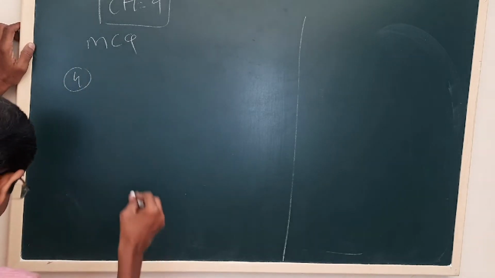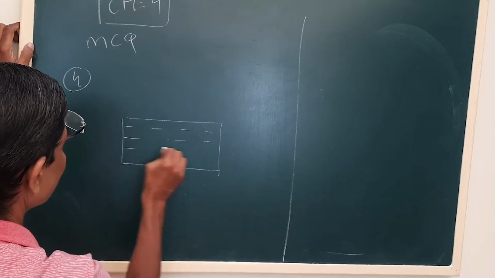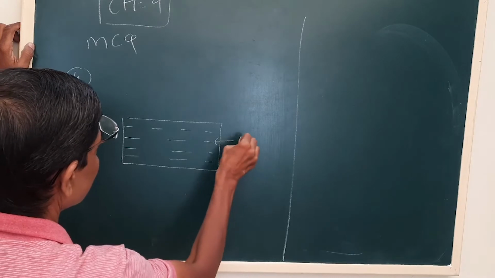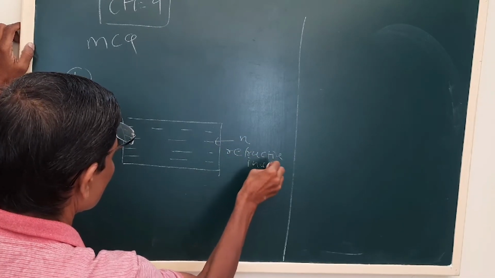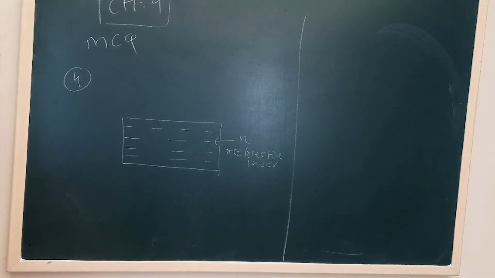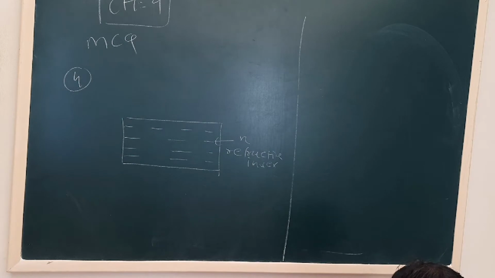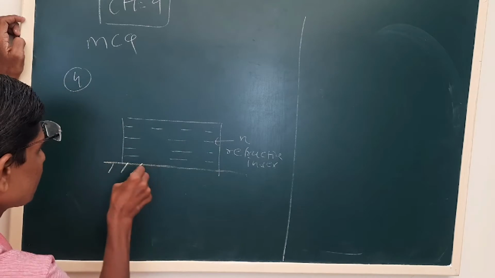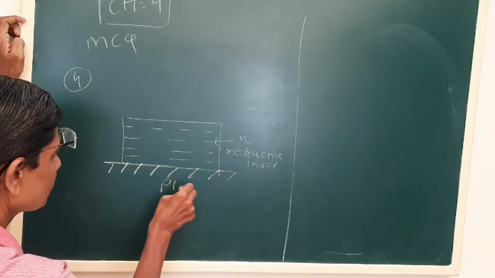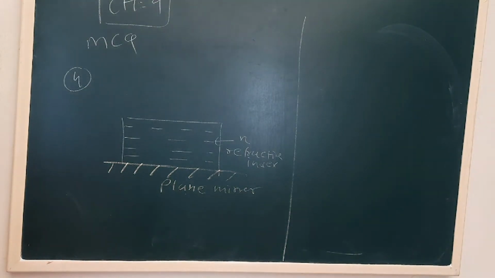Now, a tank is filled with a liquid of refractive index N. A plane mirror is kept at the bottom. A point object is at a height h from the mirror.